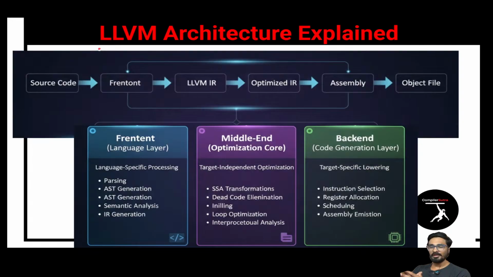Then we have the backend code generation. What does the backend code generation do? It's target specific lowering, instruction selection, register allocation, scheduling, and assembly emission.